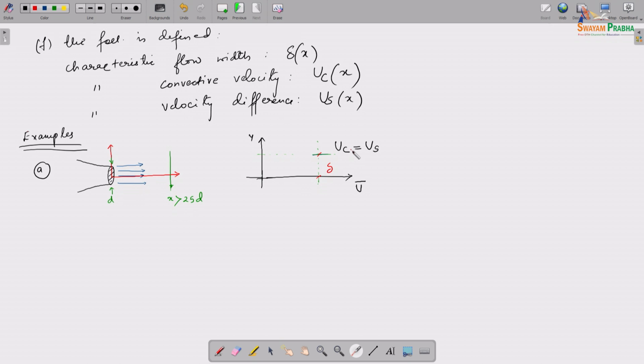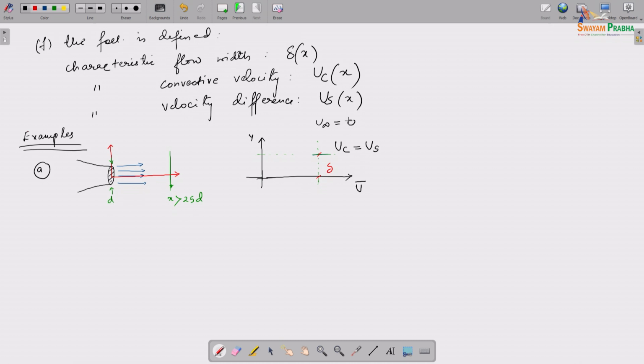And the flow outside is quiescent, in the sense that, I guess I should write that here, u infinity is equal to 0. It makes sense.